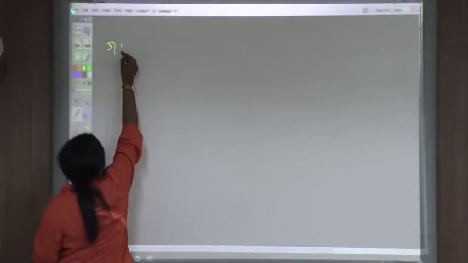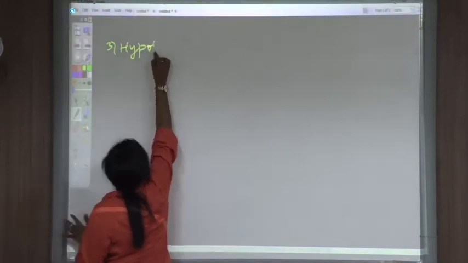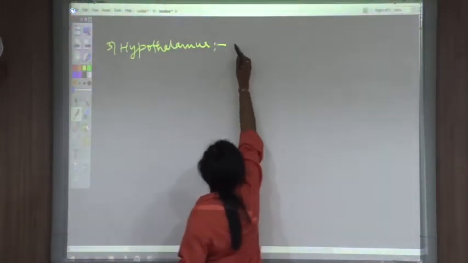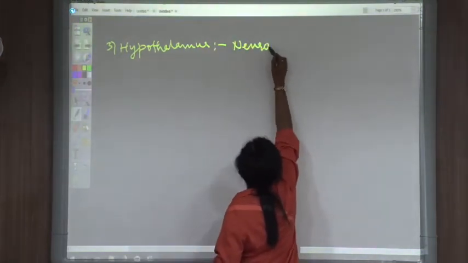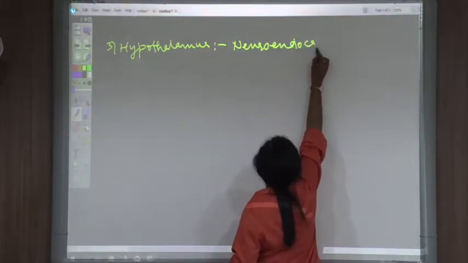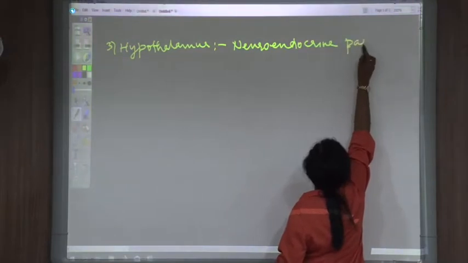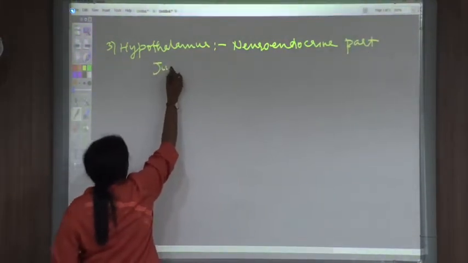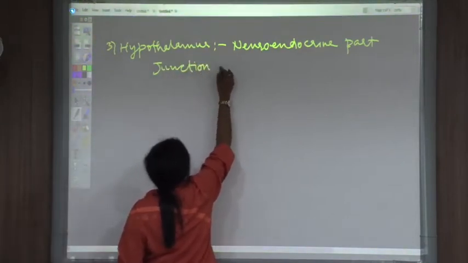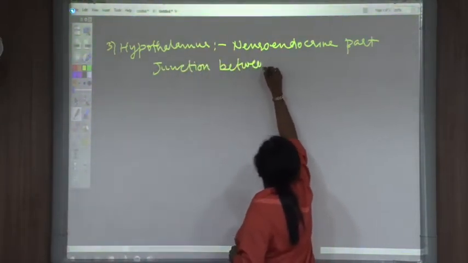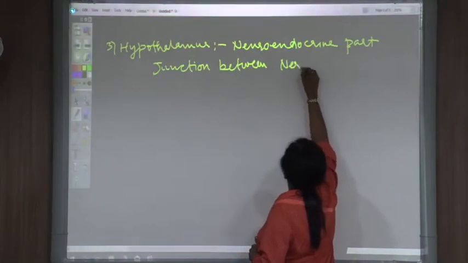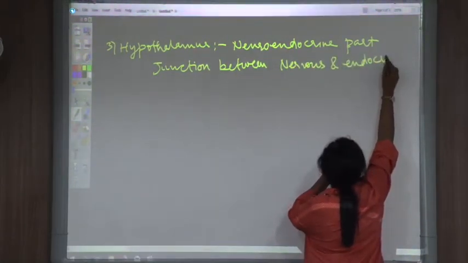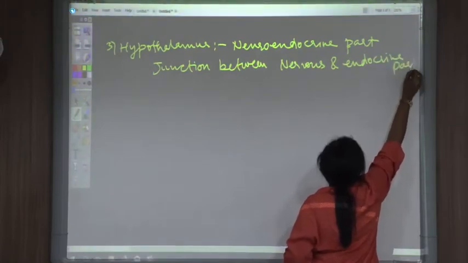So let's now talk about the next organ in the brain, hypothalamus. Now hypothalamus is the neuroendocrine portion of the brain. Neuroendocrine means it is in between nervous system and the endocrine system. It is a junction between the two.